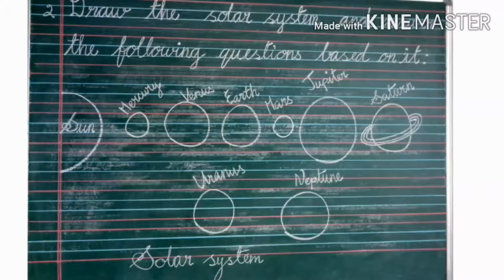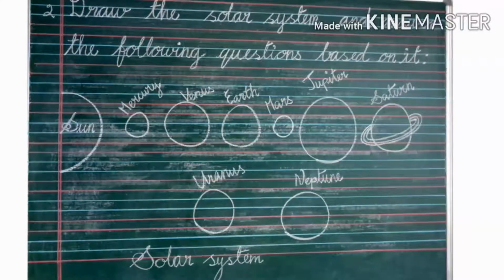And how many planets do we have, children? Yes, we have 8 planets. So now tell me, what is the first planet? Mercury. What is the second planet? Venus. Which is the third planet? Earth, which we live in.